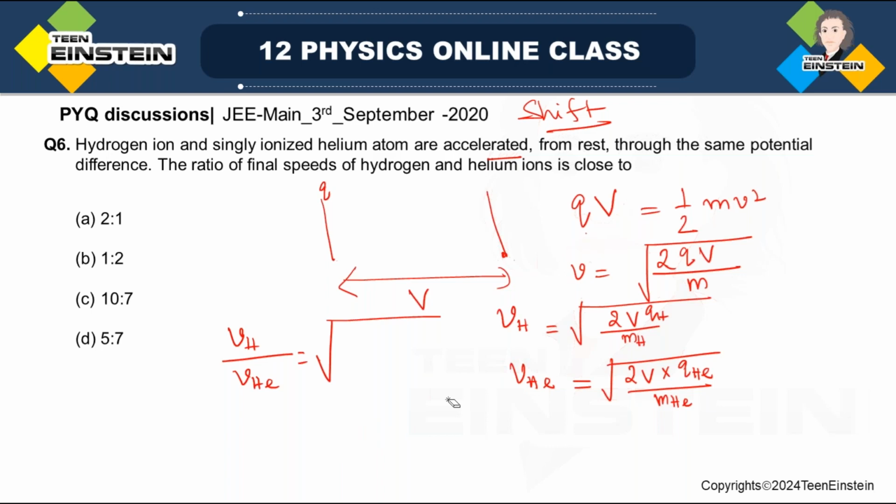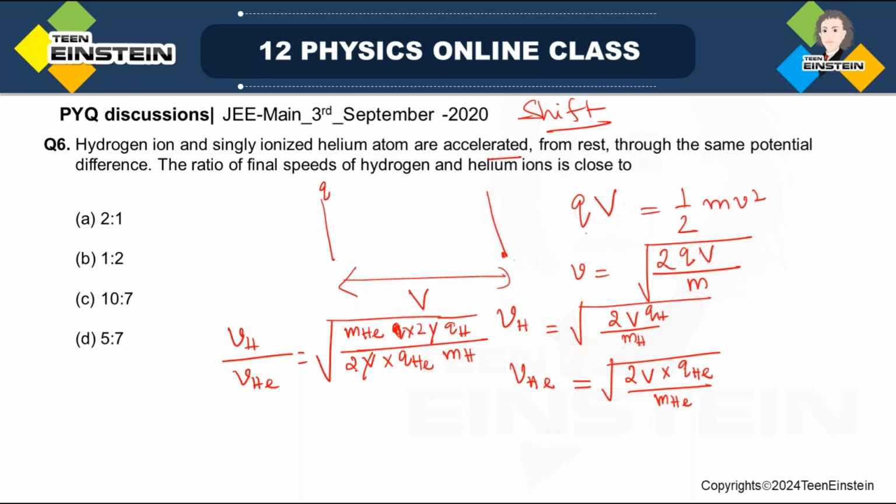So you will get mHe into Q hydrogen, and here 2V into Q helium, and mass of hydrogen.